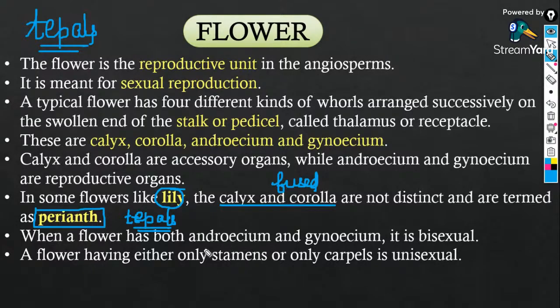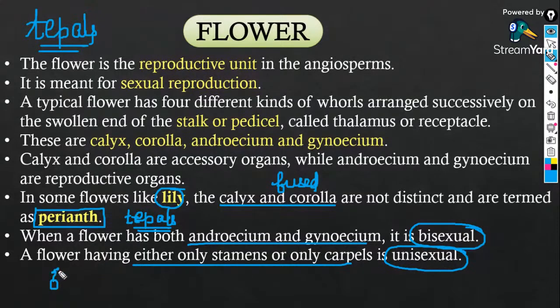And you know this also, when a flower has both androecium and gynoecium in a single plant, you will call it a bisexual plant. And if a flower has only stamen or carpel, you will call it a unisexual plant. If a flower has only the male reproductive part, that would be a male plant, known as staminate.